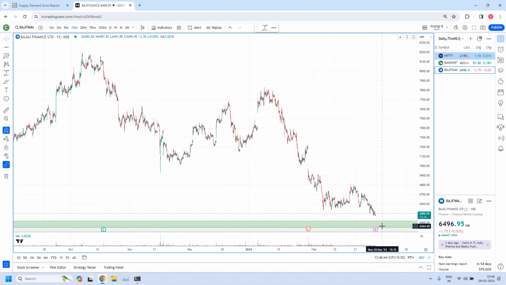Sometimes these zones will work. There could be other reasons. Maybe institutions may create a new zone inside and push the prices up. That could be the reason why it is working. Maybe sometimes on lower time frames, like 1 minute, some order flow will be there. That order flow might give you a trade, but it may not work every time. Sometimes it may work.